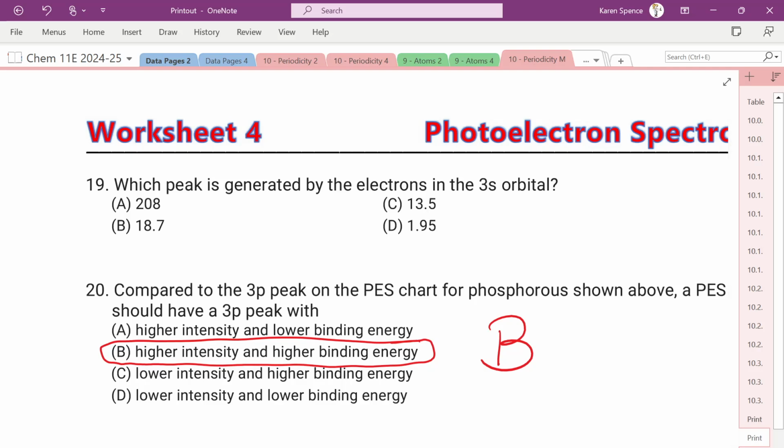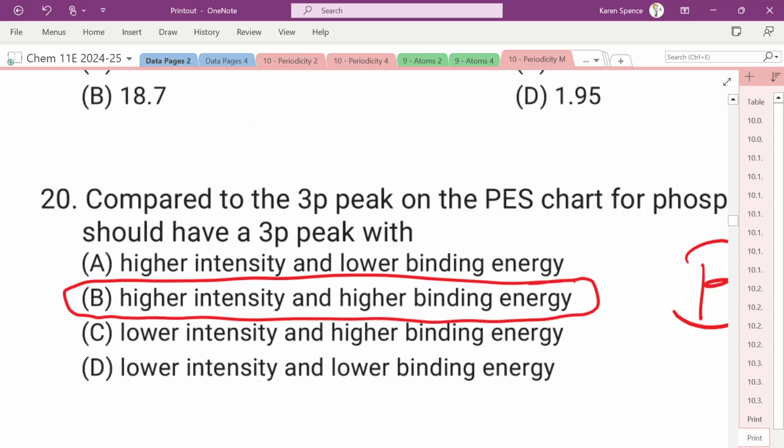Yes? Does intensity just mean height? Intensity means height, yes. Yeah, yep. So a higher peak and a higher binding energy for sulfur compared to phosphorus. Sulfur is group 16.